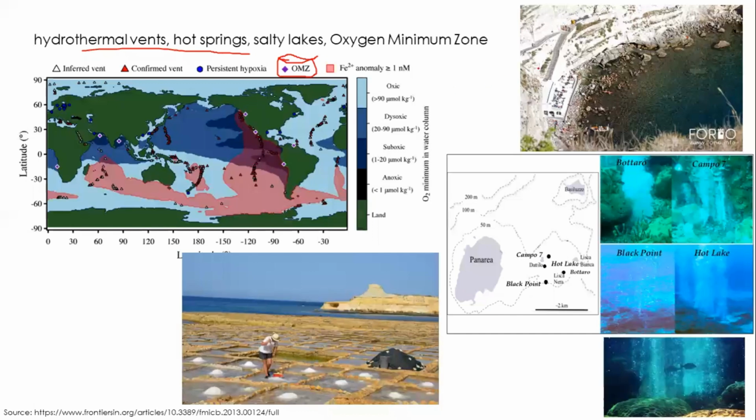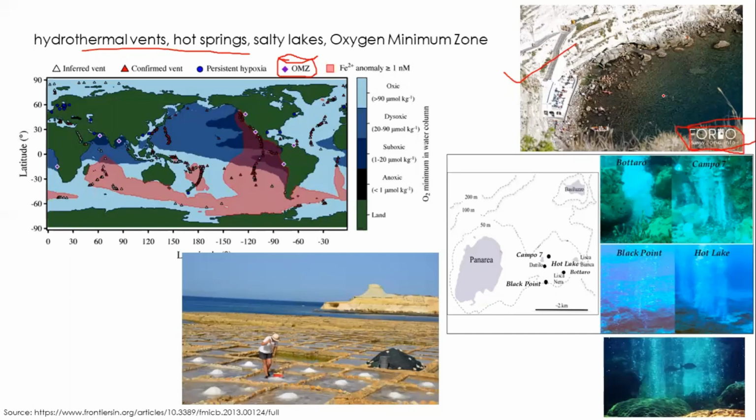Then you have shallow water hydrothermal vents, or you can say hot springs. This is one example of Forio, in Ischia Island in Italy. Last week I showed you how the volcanic island looks. That was Ischia, and this is a part of Ischia where you can see hot water springs in the seawater.